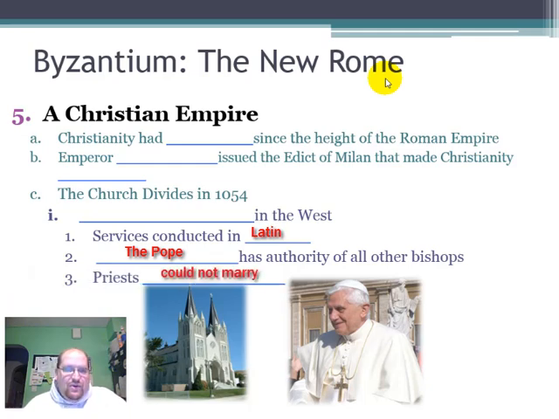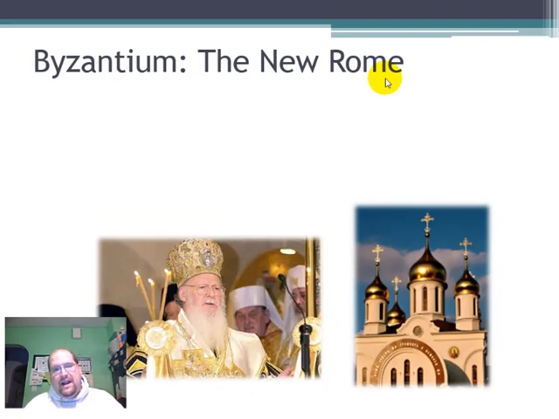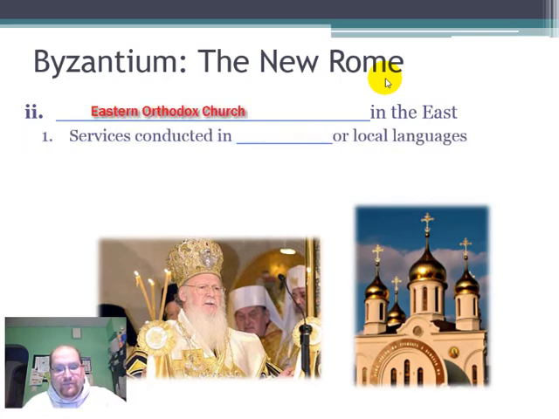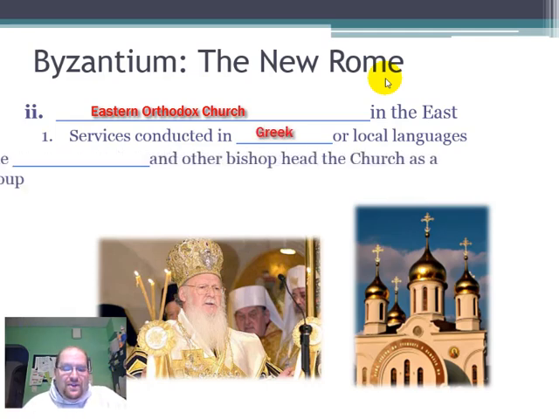So those are the three parts of the Roman Catholic Church that differ compared to the next slide, where we talk about what's known as the Eastern Orthodox Church, which is in the East. Their services are conducted in Greek or their local languages.